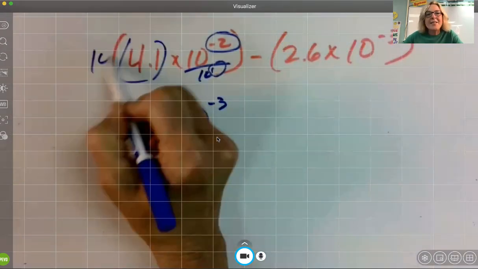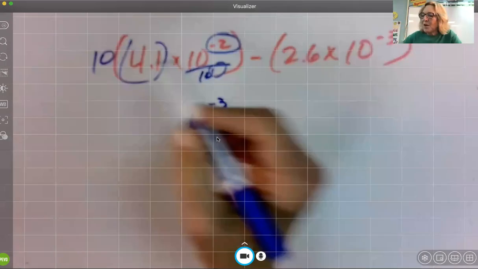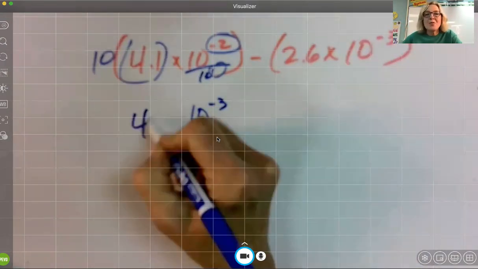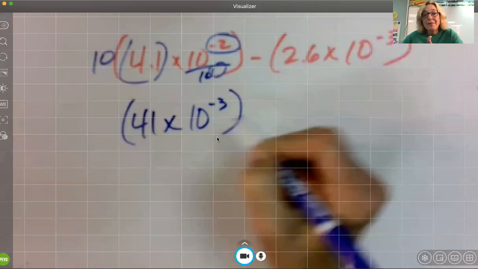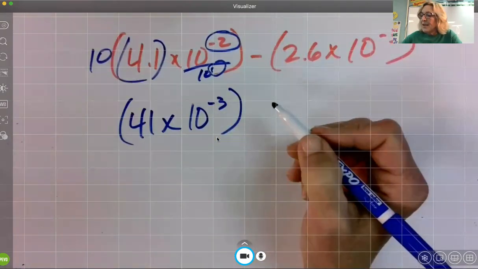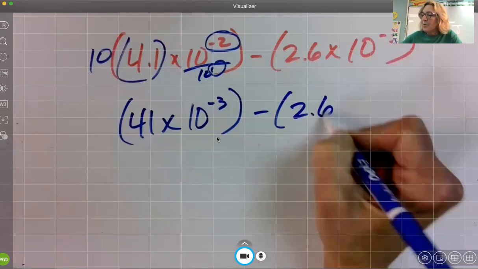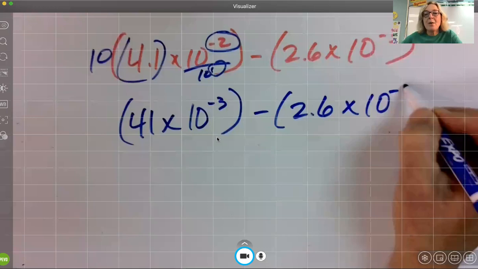So 4 1/10 times 10, all the digits shift over, is 41. So all we did was rewrite that product differently, but it still has the same value. Now we can subtract from that 2 6/10 times 10 to the negative third power. Now we have the same power of 10.